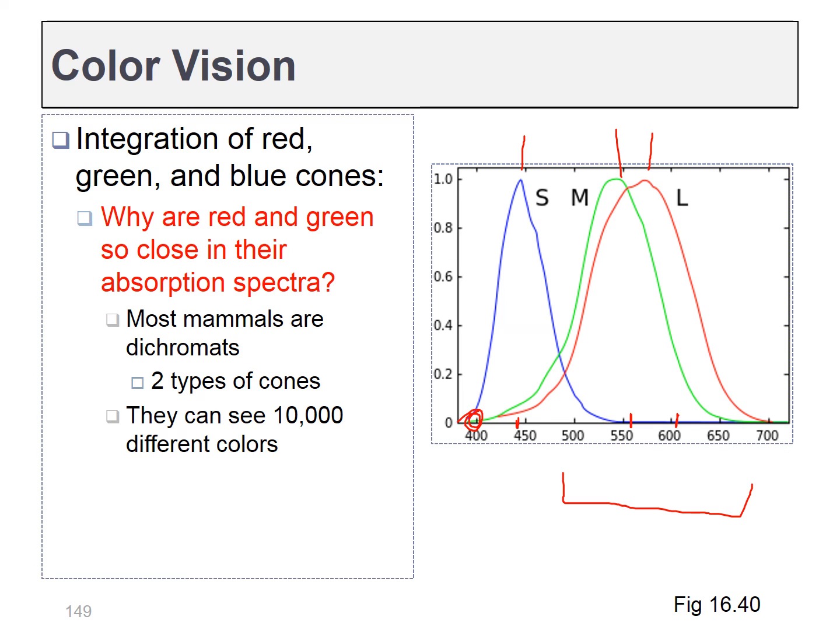But even a 400 nanometer wavelength here would still slightly stimulate one of the blue cones, although not green or red. Conversely, something around 650 nanometers in wavelength would barely activate a green cone, activate a red cone a little bit better. But why this overlap, this extreme amount of overlap between the reds and the greens?